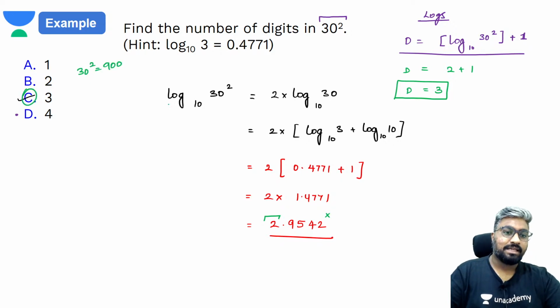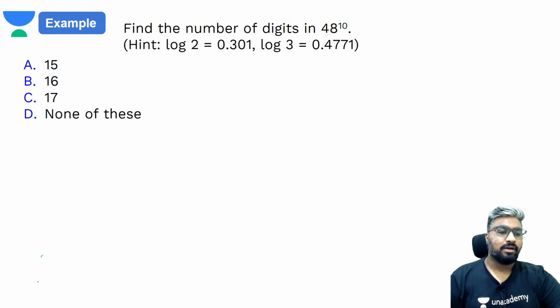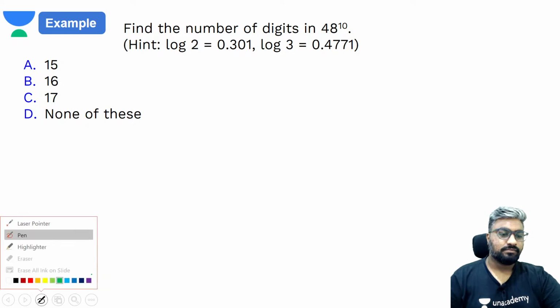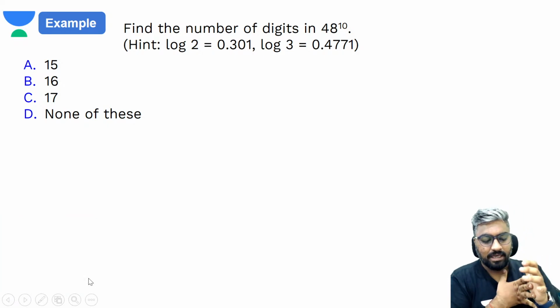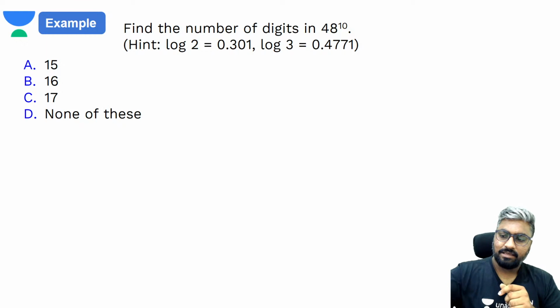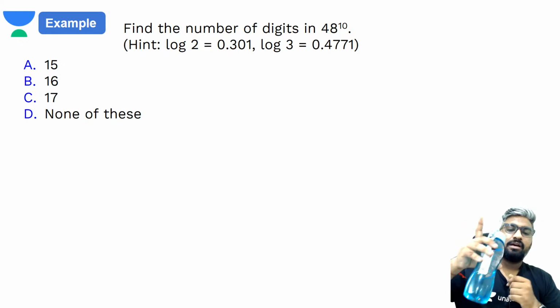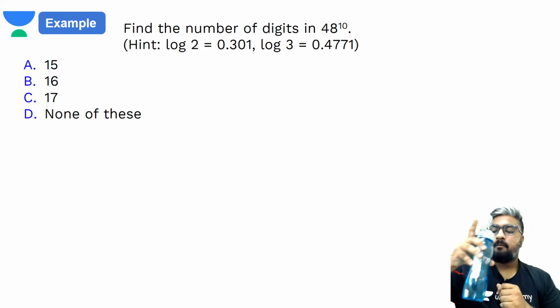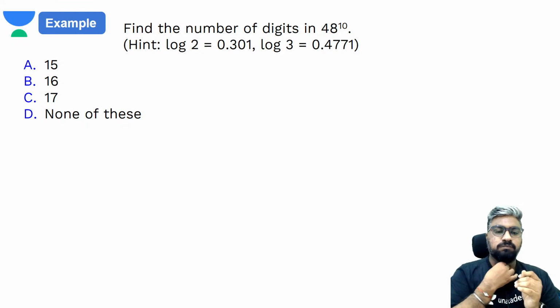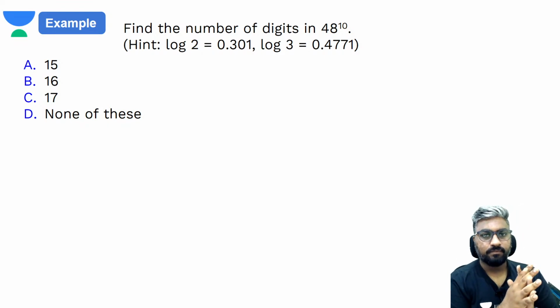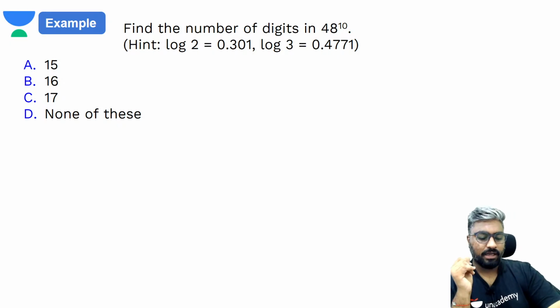Okay, but the reason why I took such an easy question to start off with is, what if you get a question like this? Try this one now. D is wrong. Find the number of digits in 48 power 10. Do it quickly now. Let's see how many of you can do it.